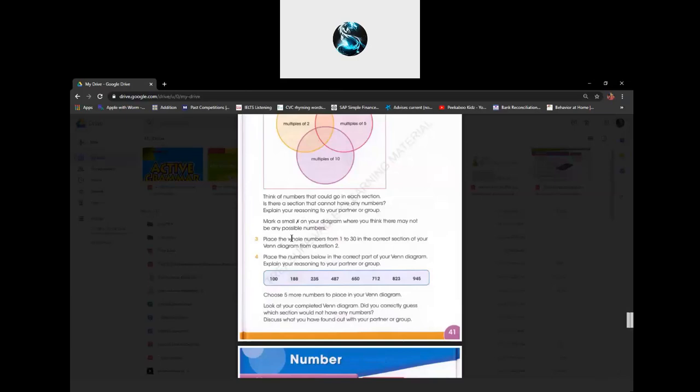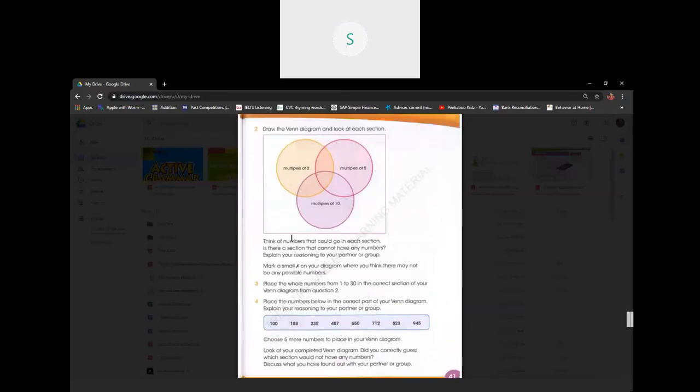It says place the whole numbers from 1 to 30 in the correct section of your Venn diagram from question 2. Oh yeah, that's telling you to make a Venn diagram. No, it's telling you to use the diagram from question 2 to do it.